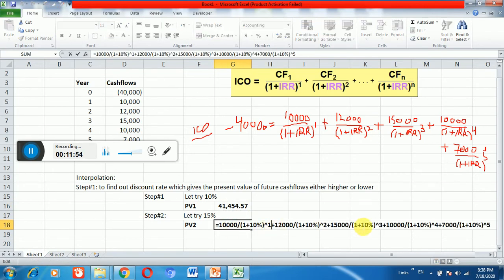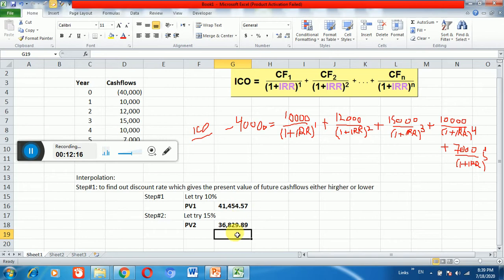This is 10%, I make it 15%, and here just make it 15 and 15, and here also 15. Okay, and now press enter.